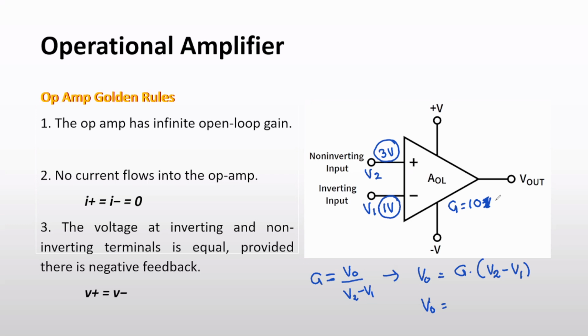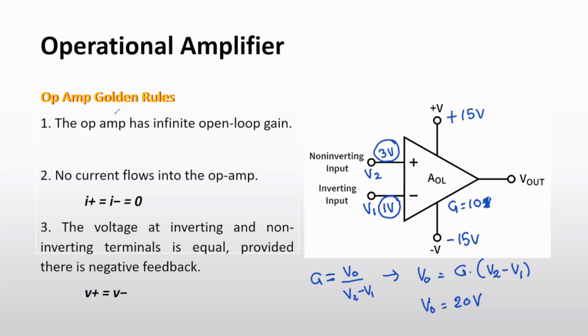Gain is 10. And this difference is 2 volts. So what is the voltage in the output? Yes, it's 20 volt. So therefore, you should give the answers with the units. So this is 20 volt. But what happens if you are supplying the voltage plus 15 volts and minus 15 volts?